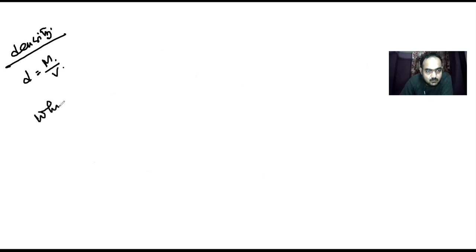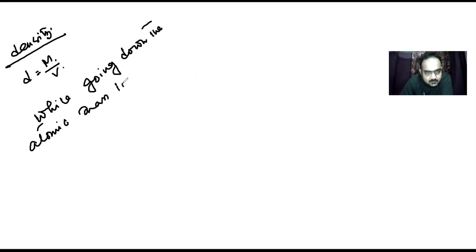Next, the next property is density. Density is mass upon volume. While going down, the atomic mass increases, and the volume also increases.